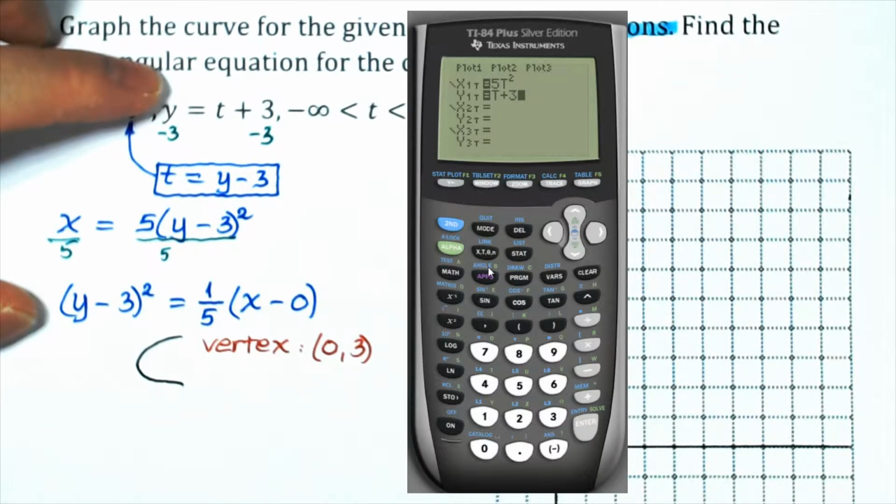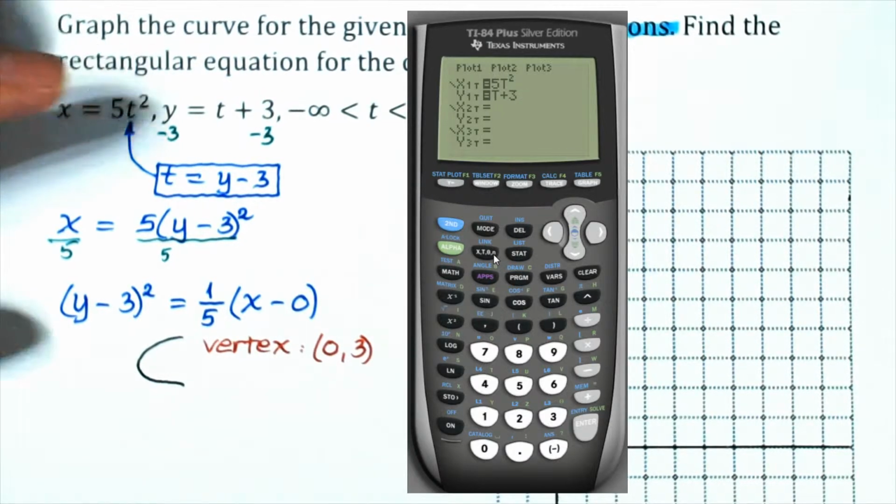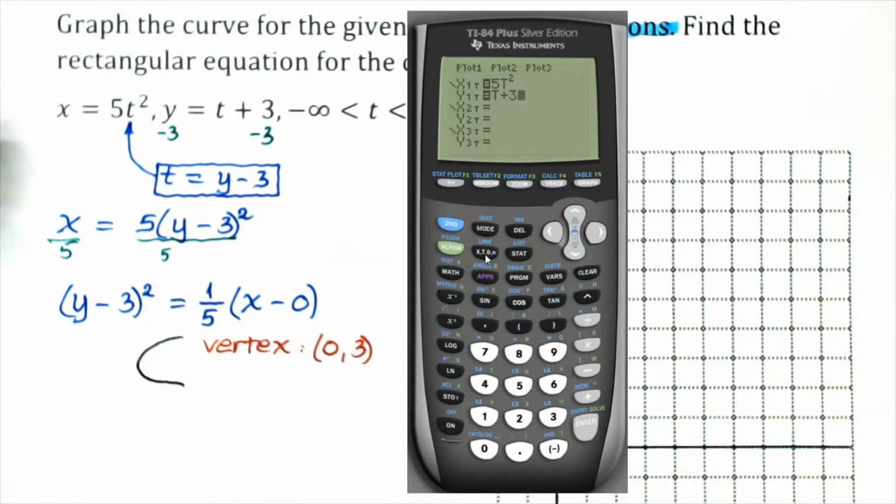When we are in the right mode, we just hit that button. We can have the corresponding parametric. The first one is x if it is in function, in t if it is in parametric form, and we just hit graph and we have that.